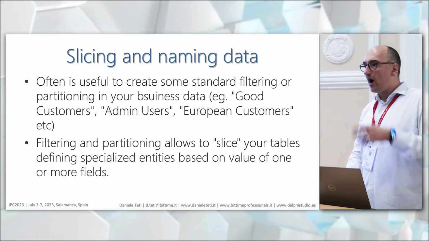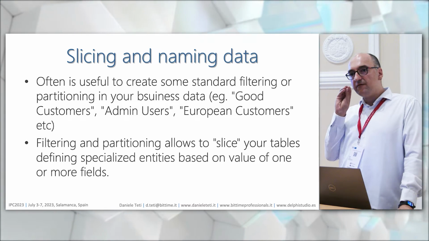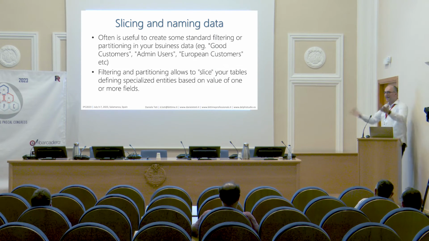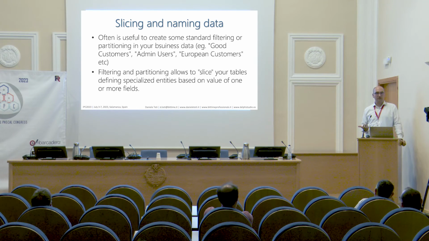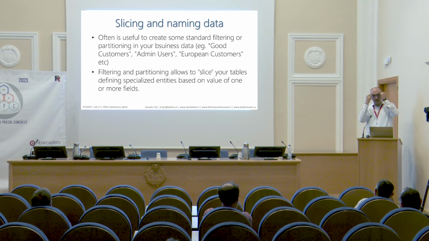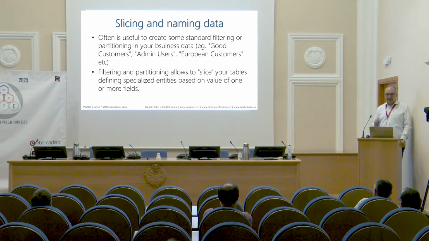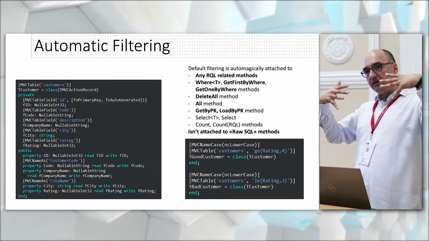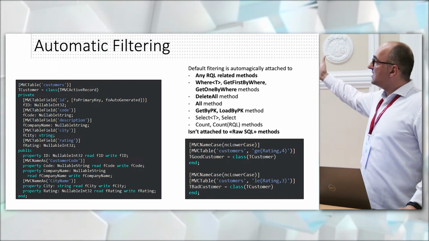Why don't we define this invariant directly on our entities, so that you can just get all the bad customers, for example, or all the admin users or non-admin users, without remembering what admin user means, which value this field must have? This allows us to slice our table in a functional way. So this is the automatic filtering.